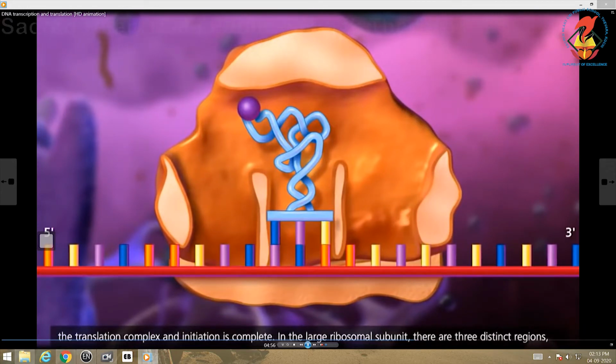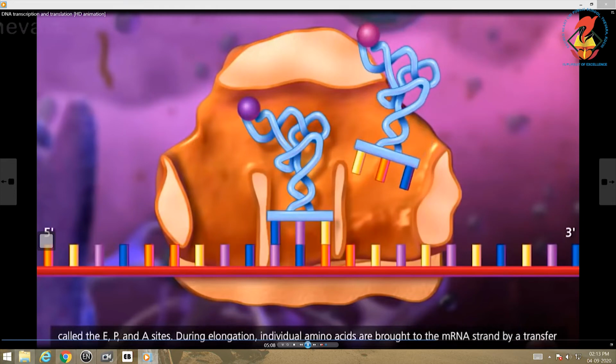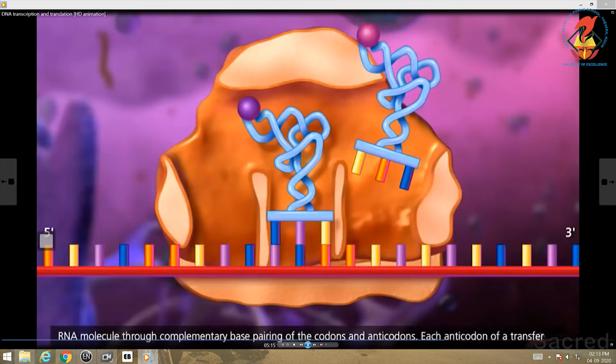Now you can see 3 sites on the ribosomal unit. They are E, P and A. E stands for exit of the tRNA, P stands for peptide bond formation, A stands for the acceptor site. Now you see the new tRNA comes charged with a new amino acid.